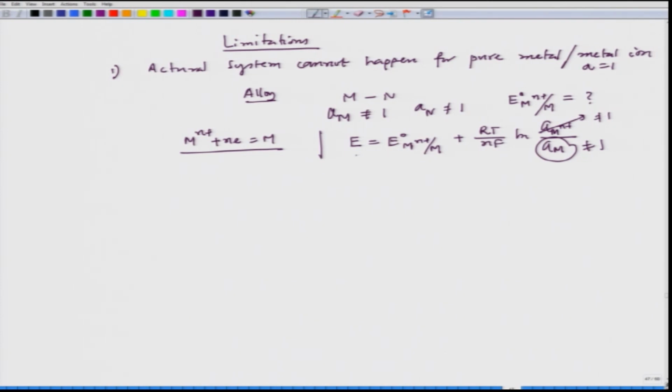So in that case this standard reduction potential would not exist.